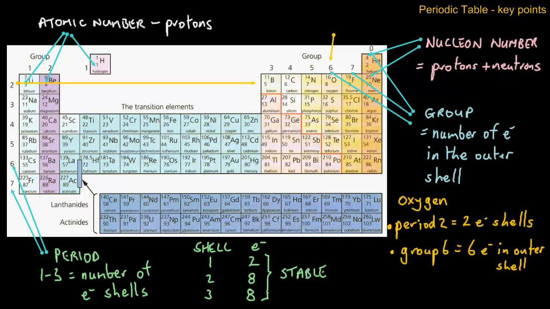In order to become stable then, we need to, let's call it, add 2 electrons to make the oxygen stable.